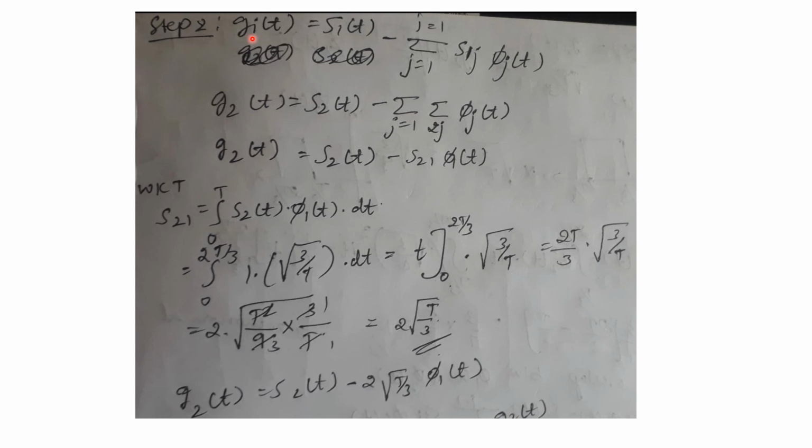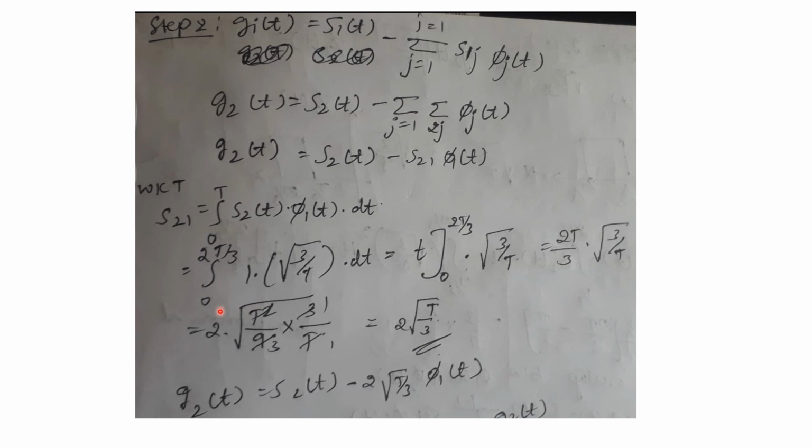Now step 2: g1 of t is equal to s1 of t minus the summation of j equals 1 to i minus 1 of s_ij phi j of t. g2 of t is equal to s2 of t minus the summation for j equals 1 of s2j phi j of t. So g2 of t is equal to s2 of t minus s21 phi1 of t. We know that s21 is equal to the integral from 0 to T of s2 of t into phi1 of t dt.